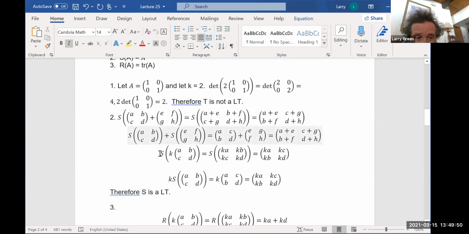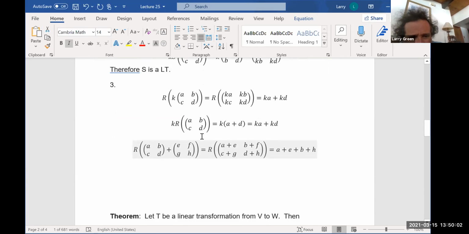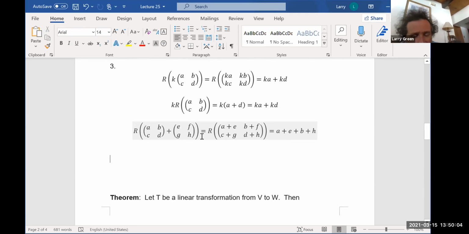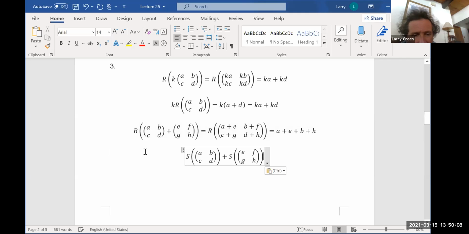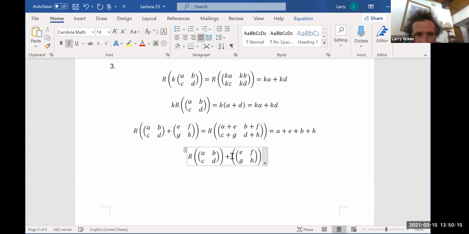And now let's do the other one. I'm going to copy and paste because it's easier. So we have R of ABCD plus S of EFGH.